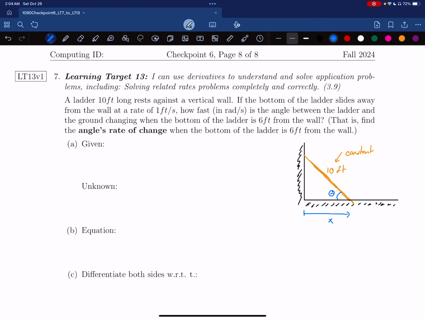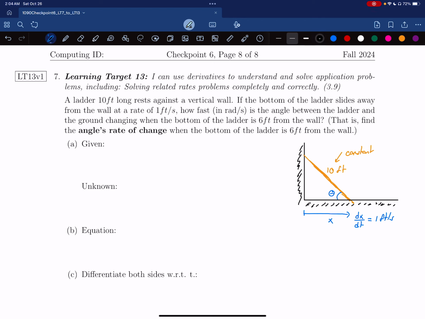And then I'll also write that dx dt is going to be equal to 1 foot per second. That ladder is going to be sliding in that direction at 1 foot per second.